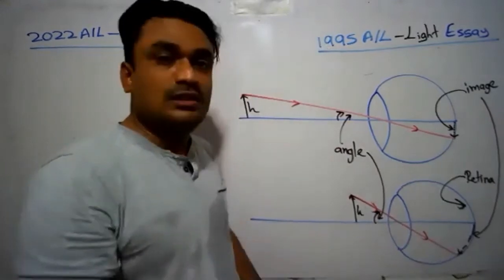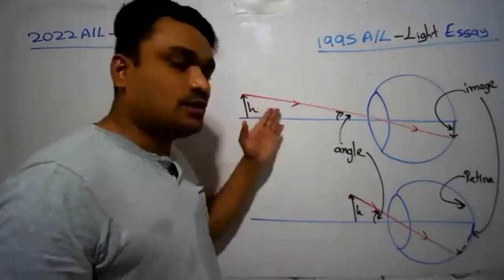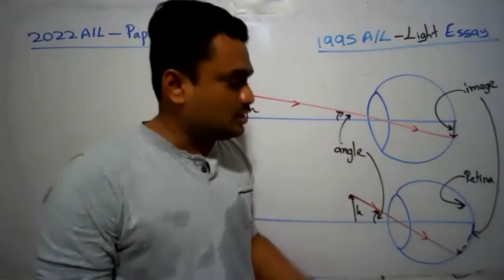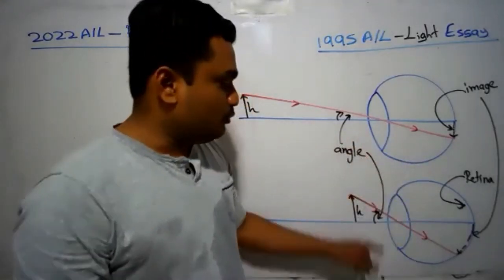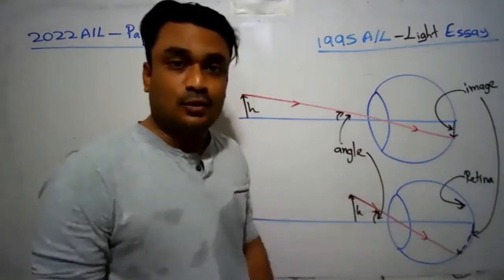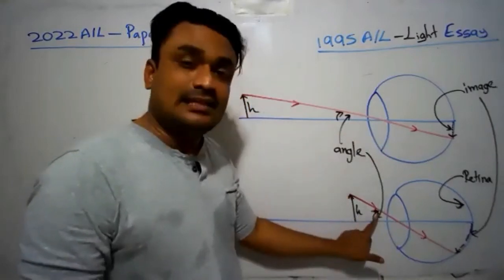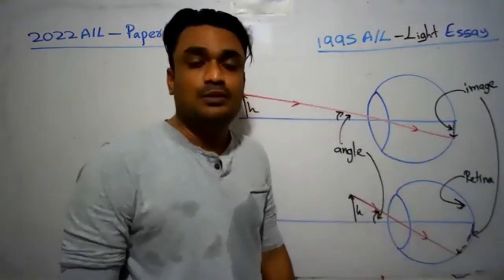So if we use the linear magnification equation, height of the image divided by height of the object, it's not a better measurement, right? But if you consider the angle subtended on the eye, you get a very accurate answer. When this angle is larger, you get a larger image. It means you will be able to see the object in larger size.